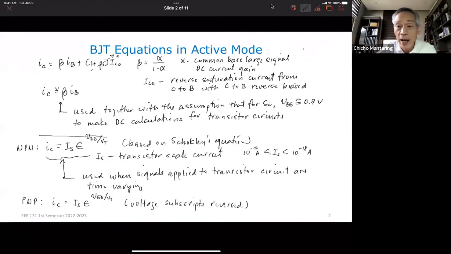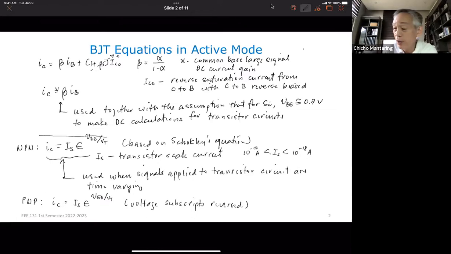Now, the way we handle that in this particular course, because the polarities of the voltages are reversed, you're going to be dealing with negative quantities. But we don't like dealing with negative quantities. So instead, we just reverse the subscripts.